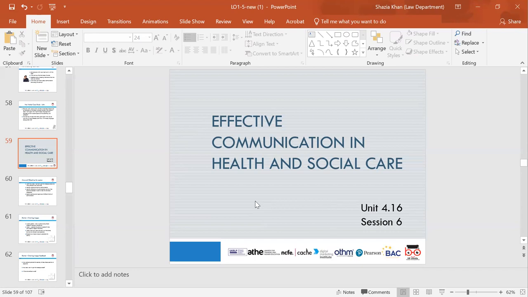We looked at the importance of who we need to communicate to, so parents, carers or service users, a child, a professional, and any needs that we may need to take into consideration, things like barriers to communication, things like culture, age, reasons, and time and resources.